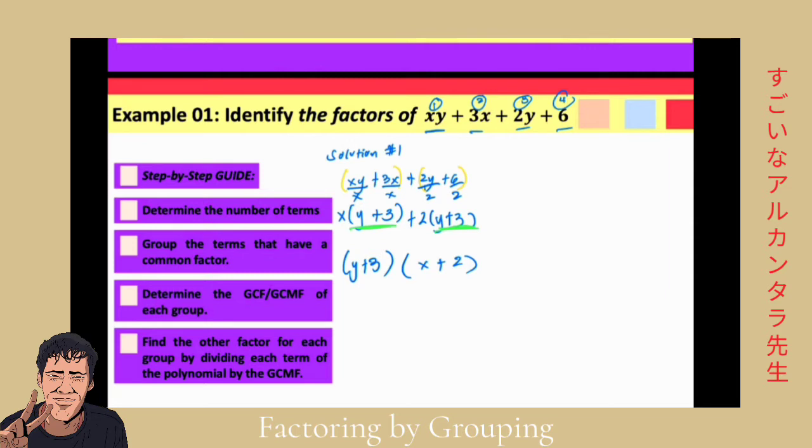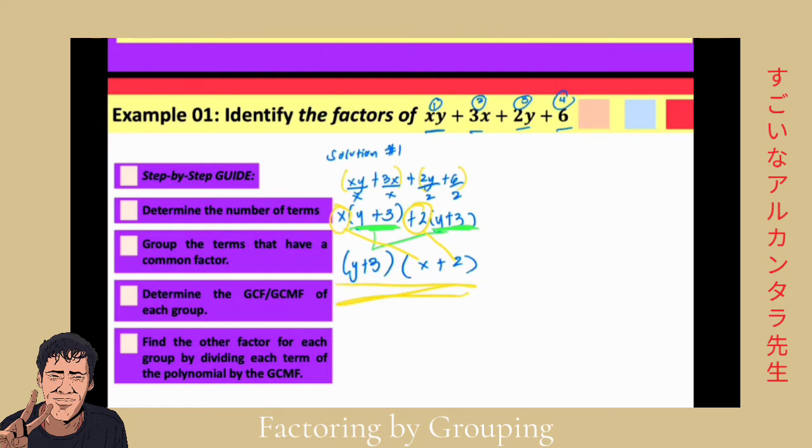No. Again, we factor out what they have in common, which is the y plus 3. And then, how do we get the second factor or the second group? Well, basically, it's the GCFs. So you have x, then you have positive 2. And this is your final answer.